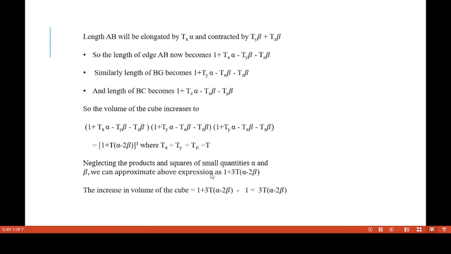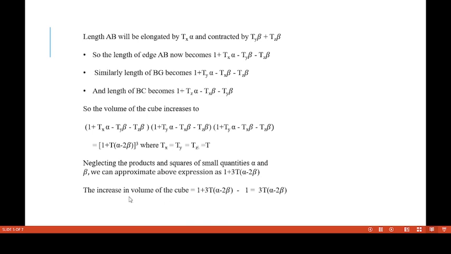Since alpha and beta are very small quantities, their squares or product values will be very small, so all those terms can be neglected, and taking the Tx, Ty and Tz to be equal, that is the force in xyz direction to be equal, say T, then we will be obtaining the final result as this: 1 plus 3T times alpha minus 2 beta. So this will be the volume of the new cube.